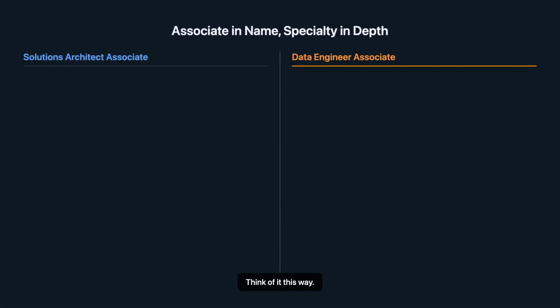Think of it this way. If the Solutions Architect Associate is a driver's license, broad coverage, shallow depth, knowing how to handle most situations, then the Data Engineer Associate is more like a commercial trucking license. Same associate badge on the wall, but it expects you to actually know how the engine works on 5 specific trucks.